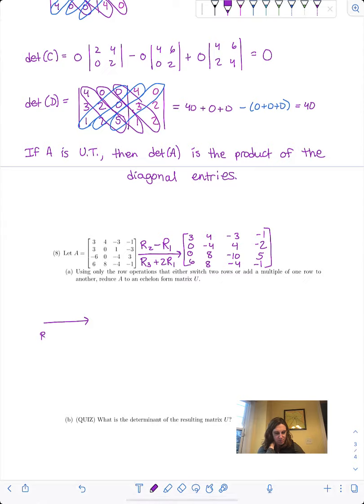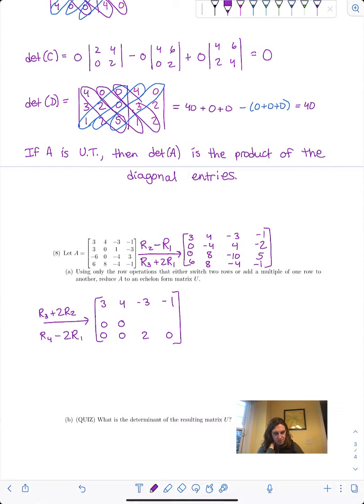Let's do row 4 minus 2 row 1. So that's 0, 0. Negative 4 plus 6 is 2. Negative 1 plus 1 is 0. And then let's also take row 3 plus 2 row 2.